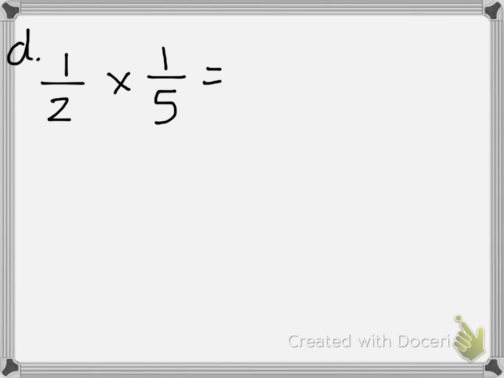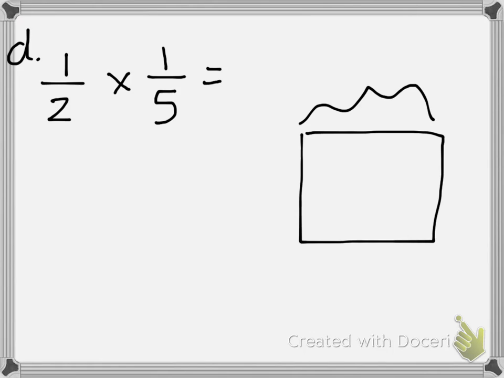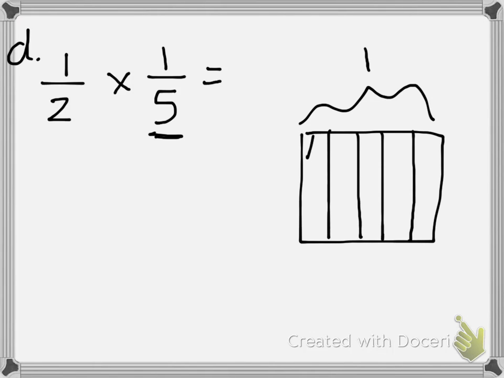Then we have D, 1/2 times 1/5, or 1/2 of 1/5. So again, I'm going to represent 1 whole, but this time I'm focusing on 1/5, so I need 5ths. And I'm just finding what half of that fifth is.